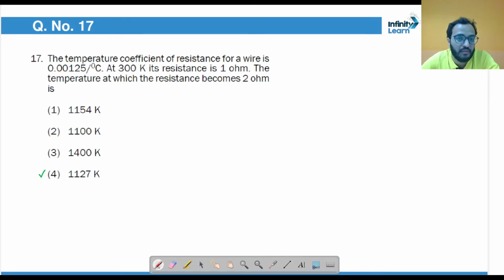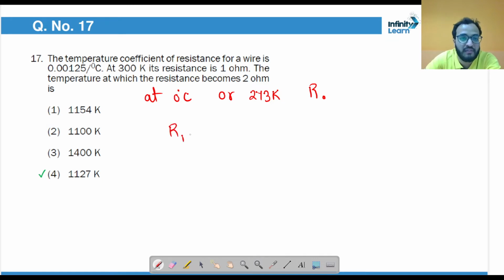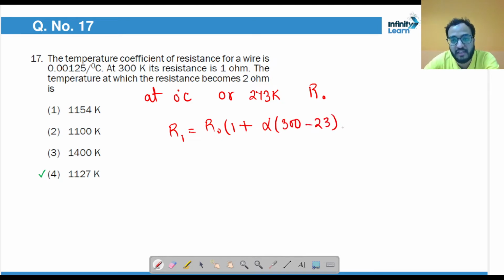Now this is an interesting question. Here we will say that at 0 degrees Celsius or 273 Kelvin, resistance, let's say, is R0. So R1 is 1 ohm. R1 is R0 into 1 plus alpha delta T, which is 300 minus 273.